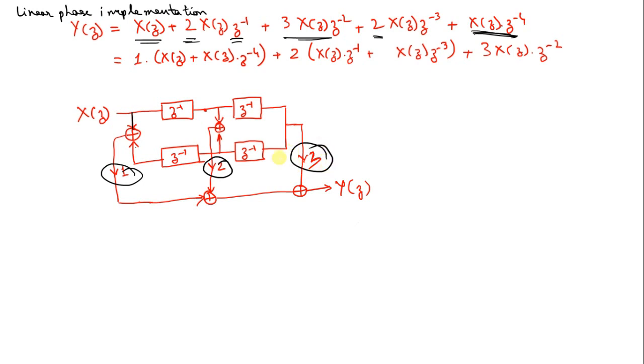So what we have done: first of all, we have reduced the additions, and secondly the number of multiplications have also been reduced. So this linear phase implementation is better than the direct form of realization.